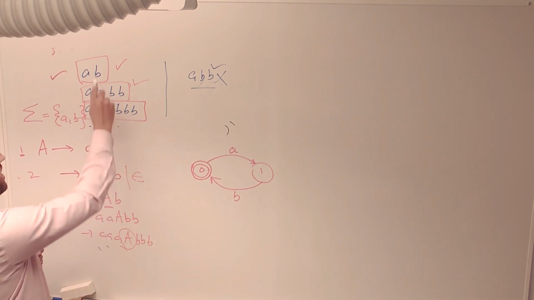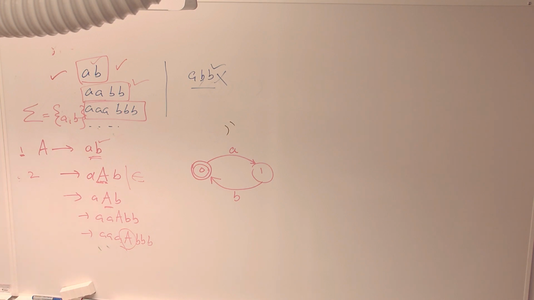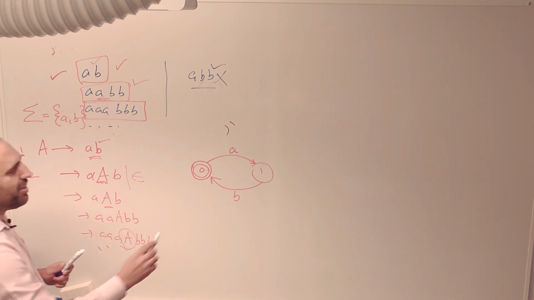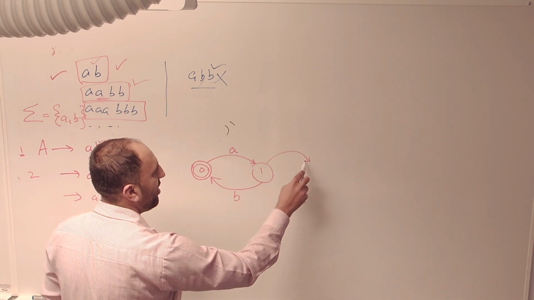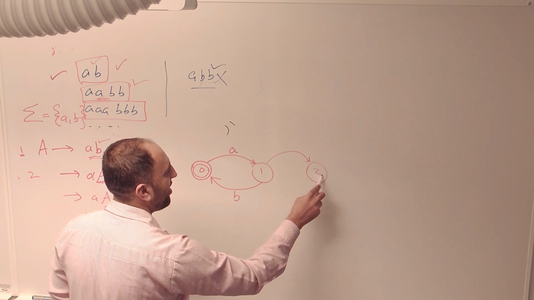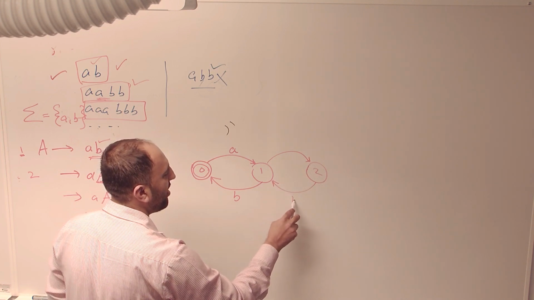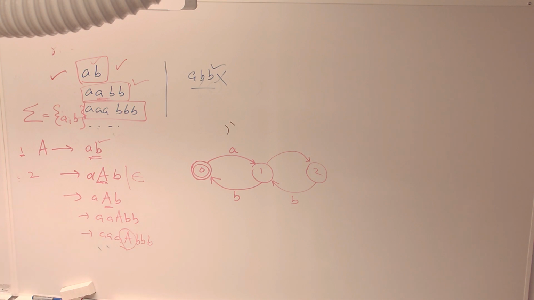So from this I get this word, AB. But then I have this one, AB. Maybe I can solve it by adding another one. However, this is never going to an end. So this shows that this language cannot be defined using a regular expression.